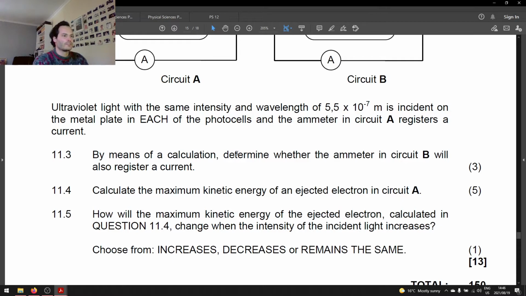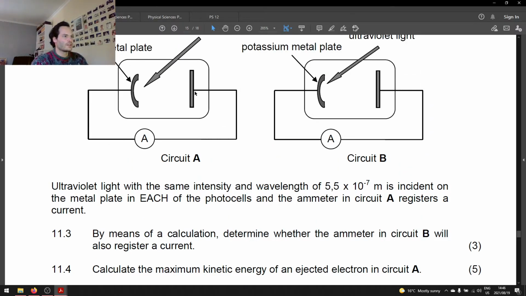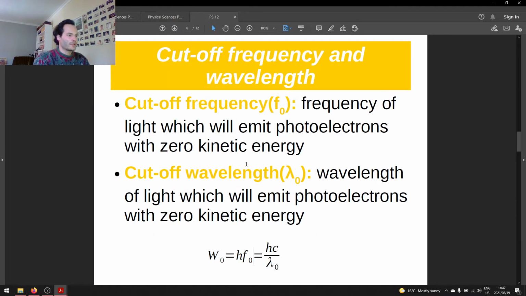So have a look at 11.4. They say calculate the maximum kinetic energy of an ejected electron in circuit A. So remember, in circuit A, I do have an ammeter reading, so photoelectrons are going to be ejected. I just now need to see what my maximum kinetic energy is going to be. So we go back here.